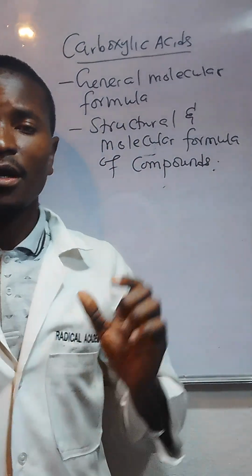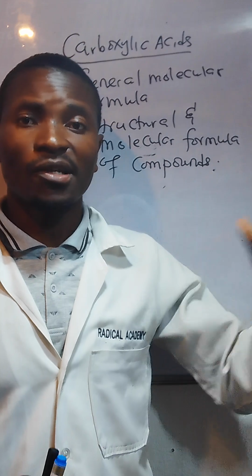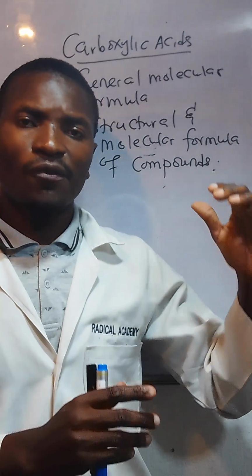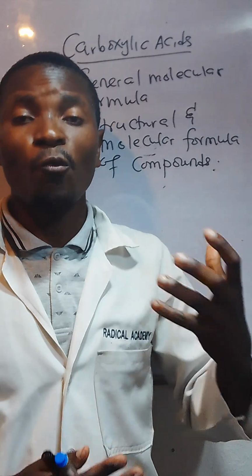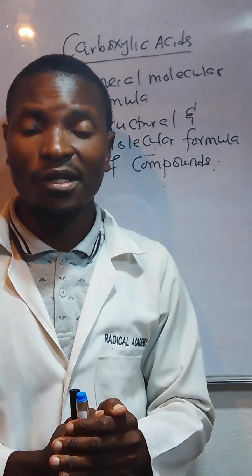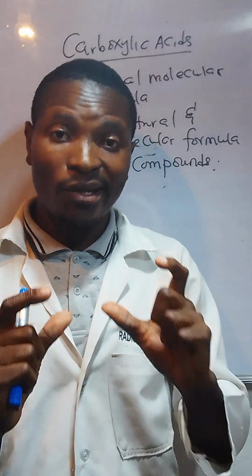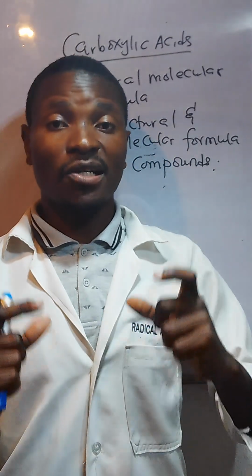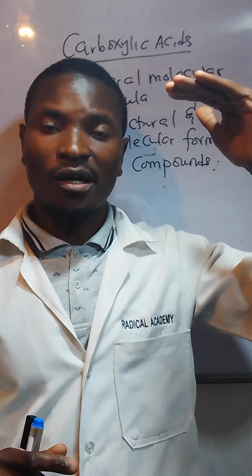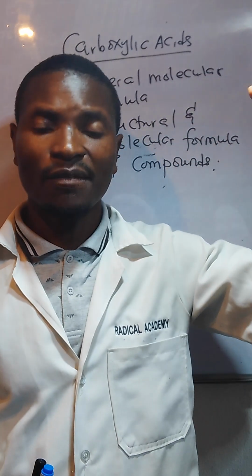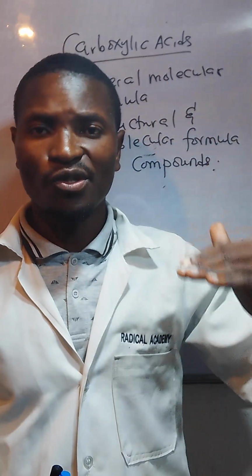Now, you should be able to understand the general molecular formula of these carboxylic acids, and after we understand the general molecular formula, we can begin by understanding the members of this family, from 1 all the way up to 2.